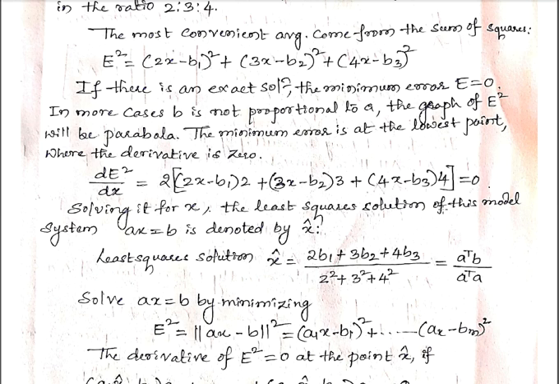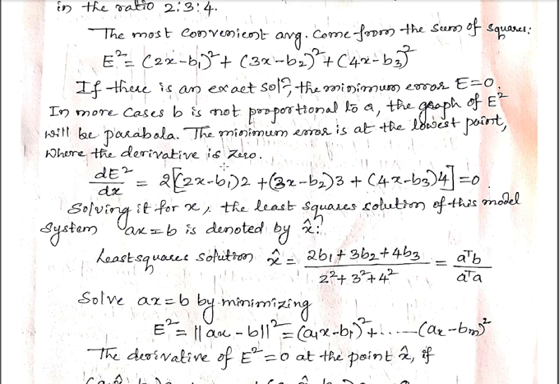The least square solution of this system Ax equals b is denoted by x cap. So x cap equals, by solving this, 2b1 plus 3b2 plus 4b3 in the numerator, and in the denominator we get these values.